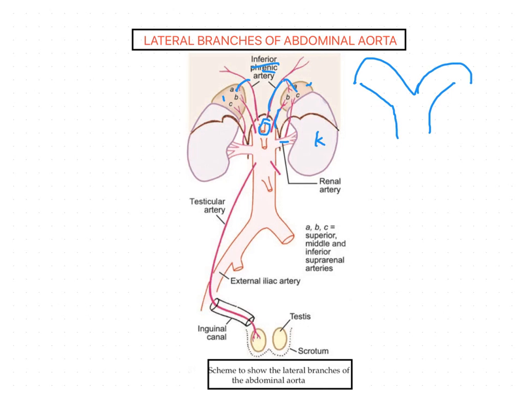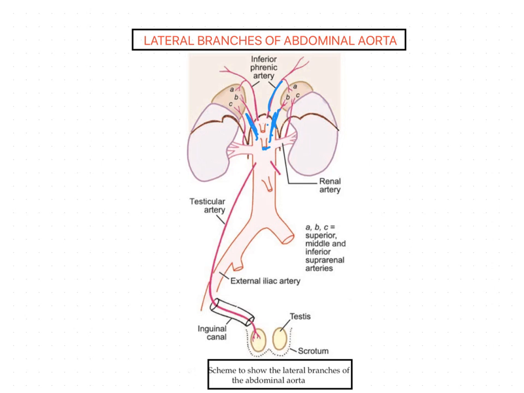Next we'll move on to the middle suprarenal arteries. Where do these middle suprarenal arteries arise? They arise at the level of the superior mesenteric artery or just above it. Here we can see this is the celiac trunk and this one is the superior mesenteric artery.